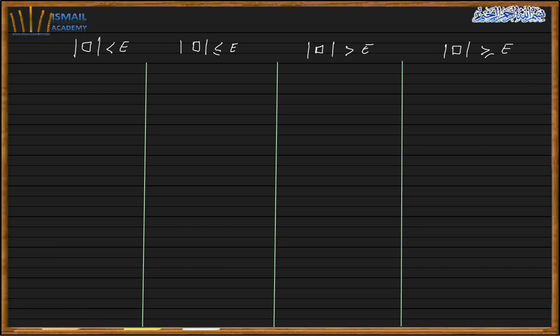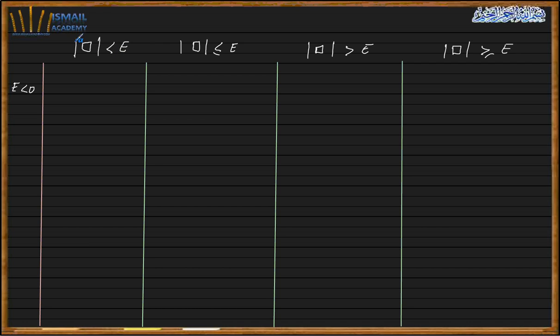So here we are going to have the case of e, the number e. The first case, if we have e less than 0: what does it mean for the first type? Does it mean absolute value is less than a negative number? Absolute value by definition is always positive because absolute value is the distance, and the distance is always positive.